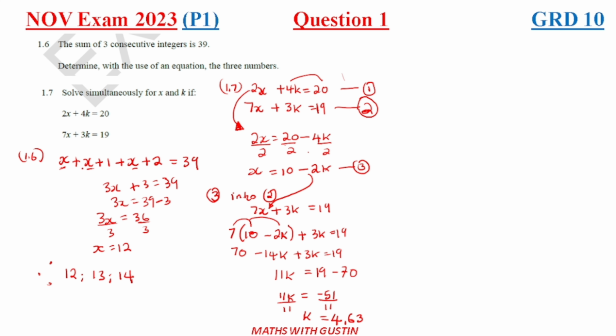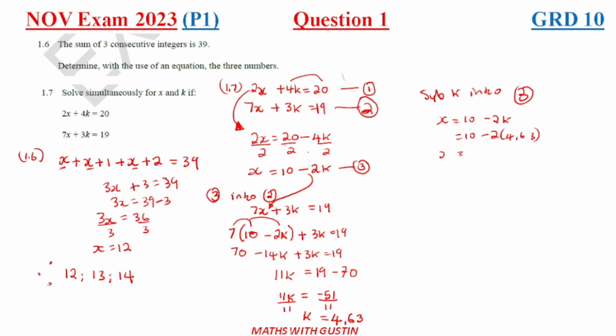Right, and then once we get k, we can come here and say substitute. You can tell the person who's marking that you substitute k into equation number 3. Right, so therefore it means x is equal to 10 minus 2k, where k, we already know, is 4.63.